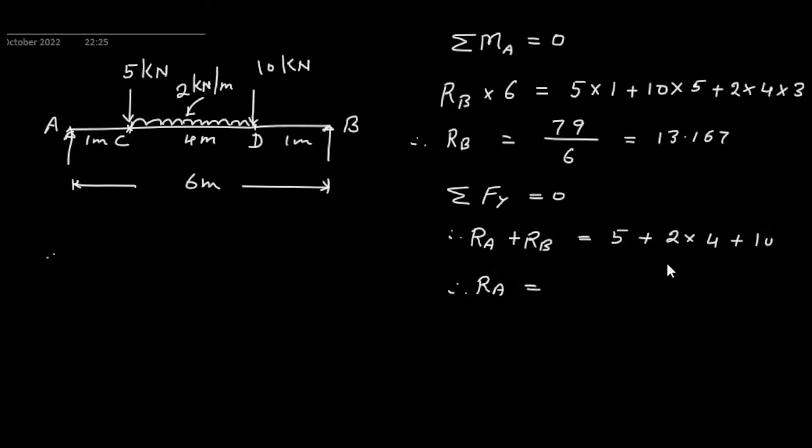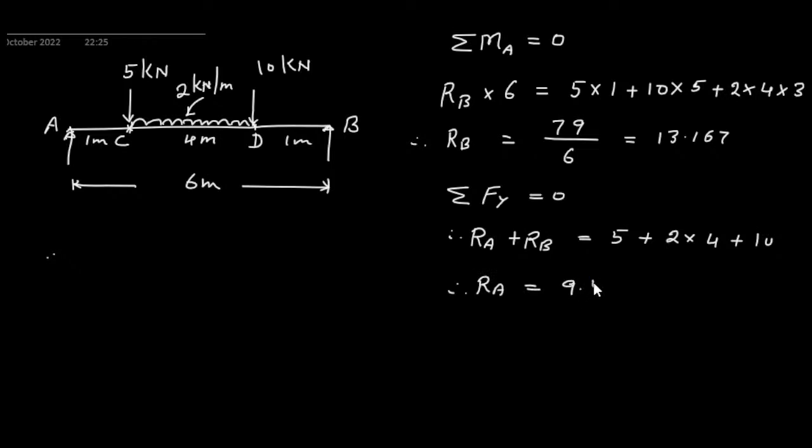So value of RA is 5 plus 8 plus 10, it is 23. 23 minus, we will subtract 13.167. So I will get 9.833.